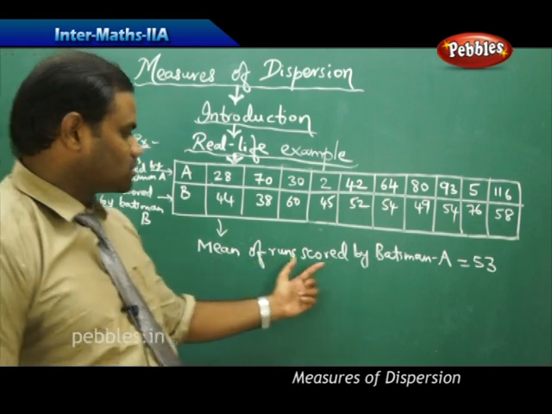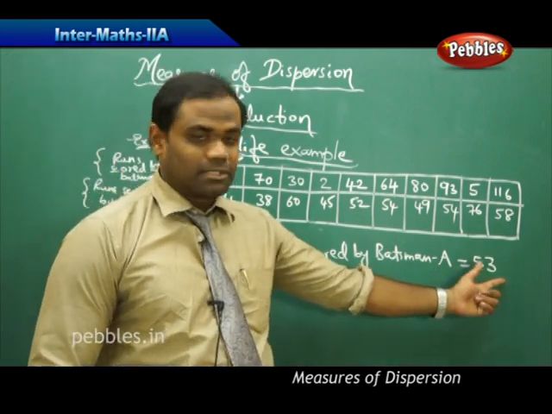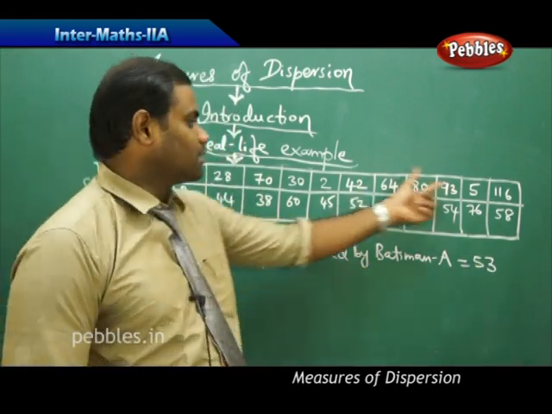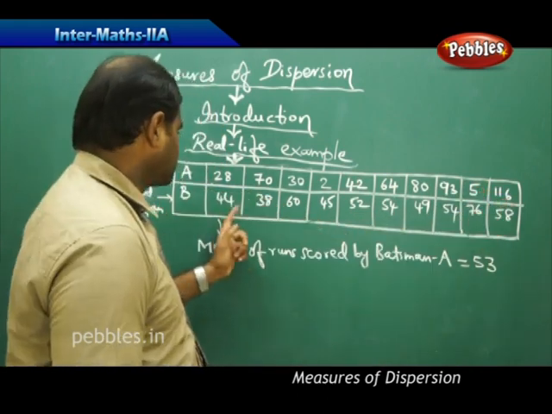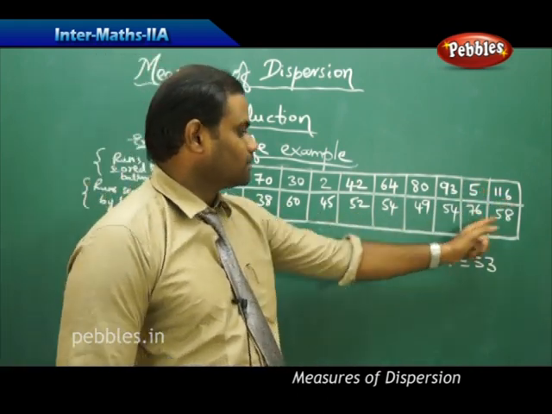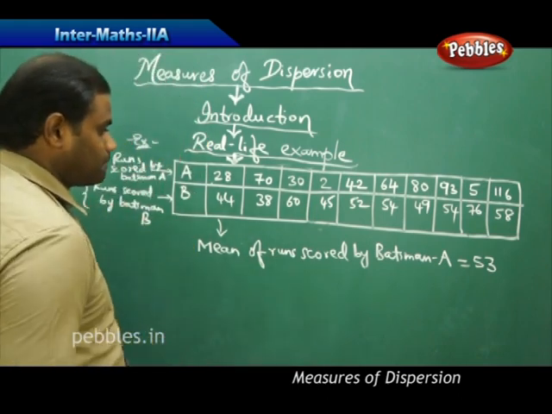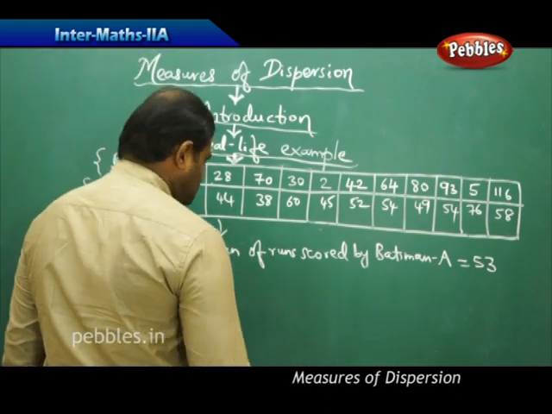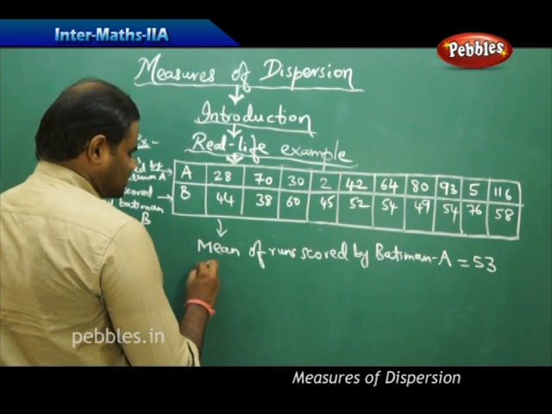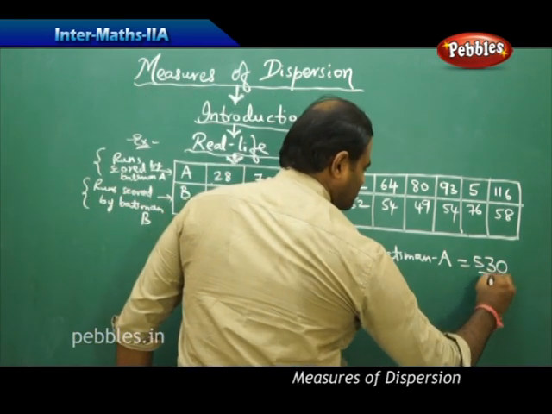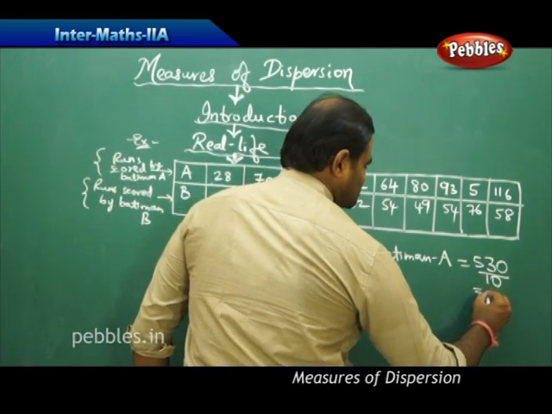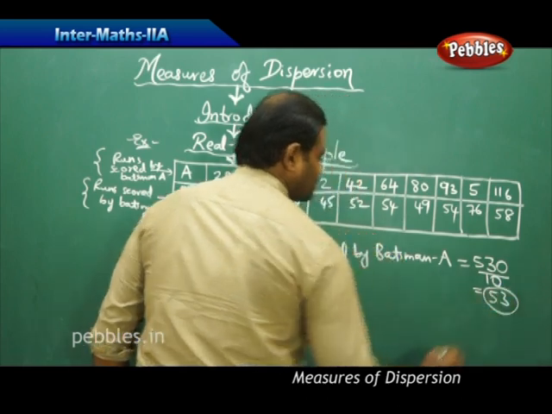So the mean of runs scored by batsman A is 53, which we get when we add and divide by 10. So I get 530 by 10, which is 53.